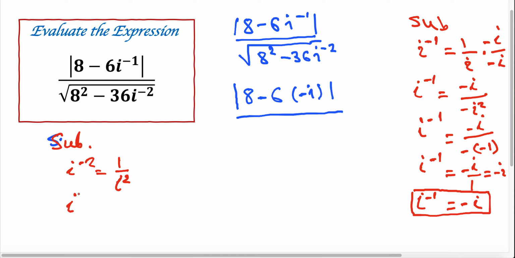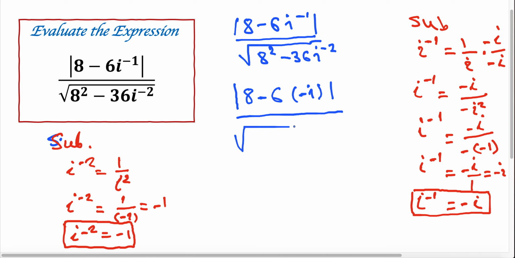But i squared, we already know, is equal with minus 1. So it's 1 divided by minus 1, but 1 divided by minus 1 is minus 1. It means i in exponent negative 2 is equal with minus 1. So let me frame this one here. As we see, instead of i in exponent minus 2, I am going to substitute by minus 1.